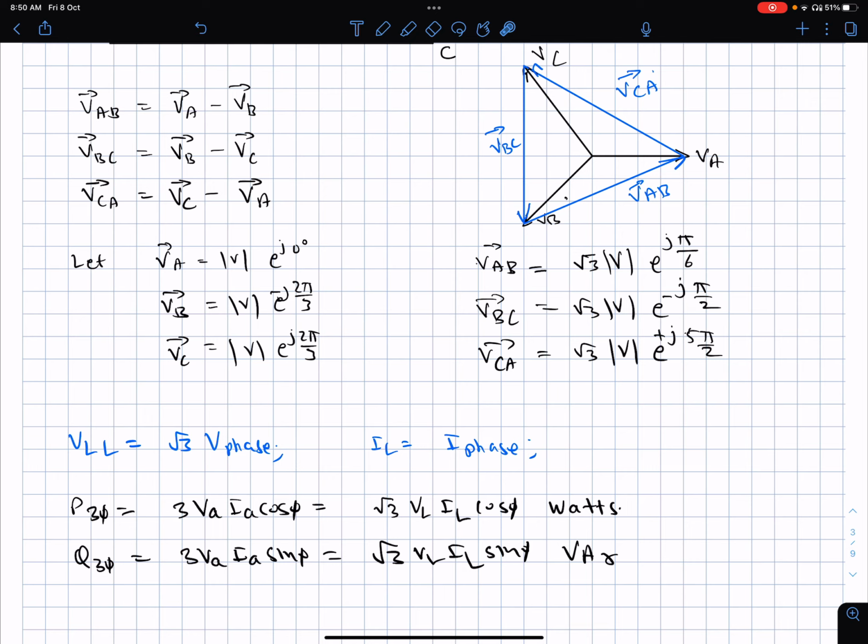Now, what is the notion of reactive power in the three-phase system? The instantaneous power is of course constant, but that is only a consequence of aggregation.